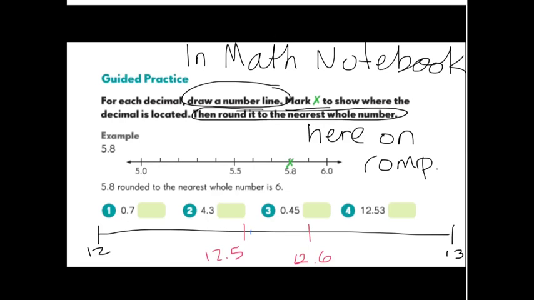This blue line is 12.51, 52, 53, 54, 55, 56, 57, 58, 59. So 53 is right there. And we can see that just barely 12 5300ths is closer to 13. It is above, it's greater than 12.5. So the answer, rounded to the nearest whole number, is 13.